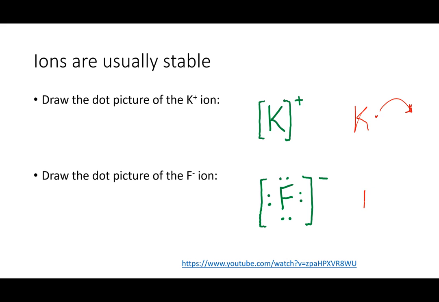Likewise, when fluorine, which originally has 7 valence electrons, acquires this one here, it will have a negative charge, and you show that similarly with brackets and this minus charge at the top right. It's simple enough. And now this positive and this negative are attracted to each other, and that is essentially what creates an ionic bond.